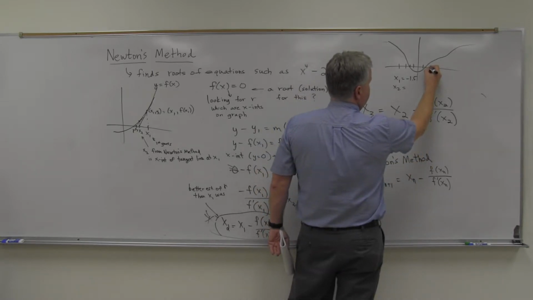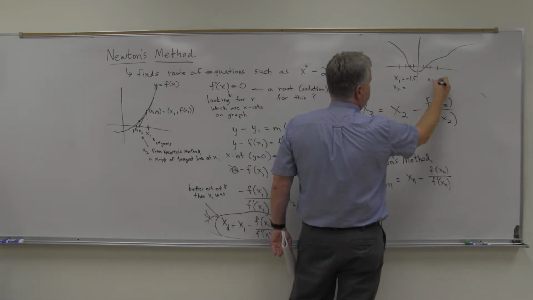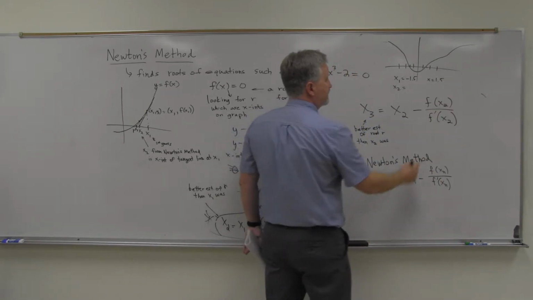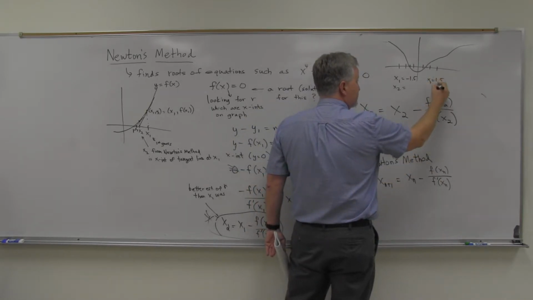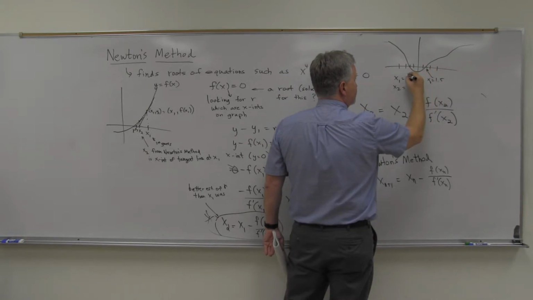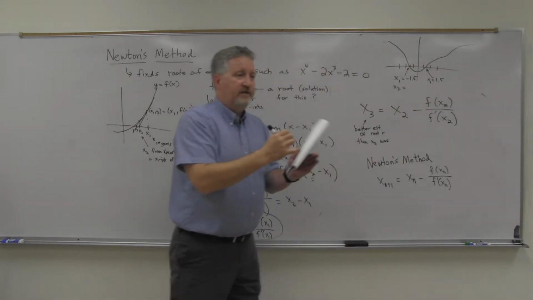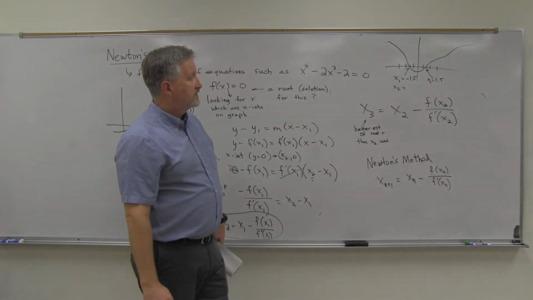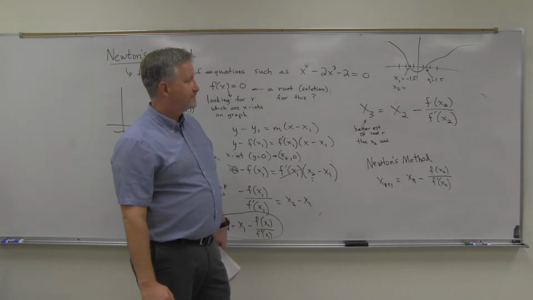And then over here, if I guess x1 is +1.5, it's going to give me that root. So you see, it narrows in on whichever one is closest, usually the one that's closest.